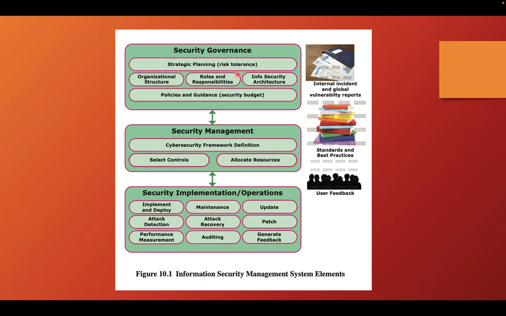These are all features of security governance. Let's go to security management. Security management takes a holistic look at the cybersecurity framework. In this case, it looks at the control measures and the allocated resource capability.